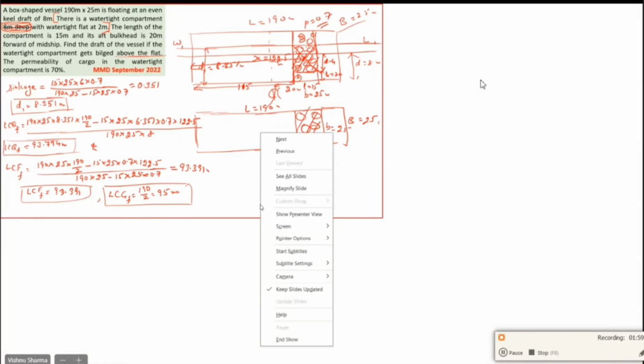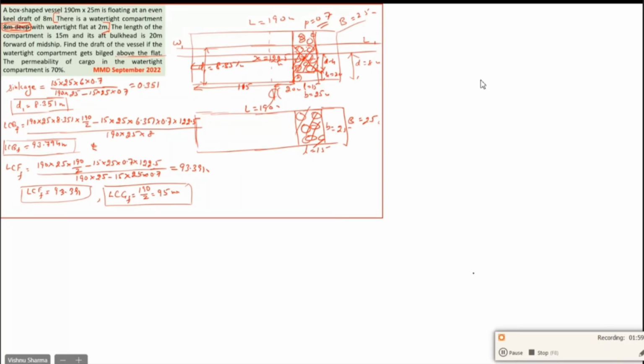I'll go to the water plane area with blue marker now. FF. This distance is 93.391. Geometric center. Water displacement is, let's say, YY. This is X1.